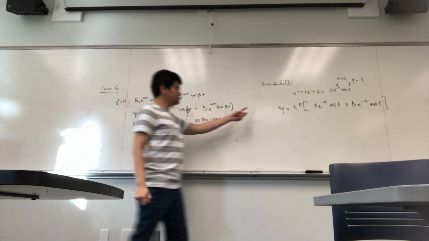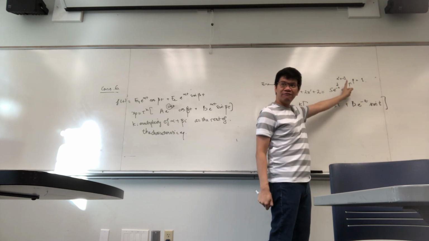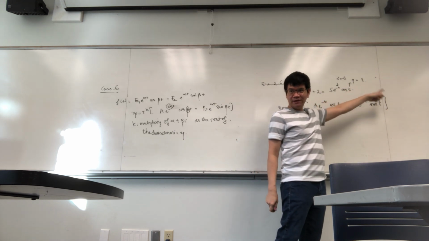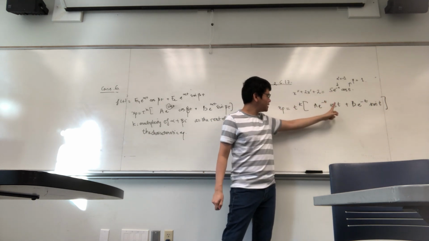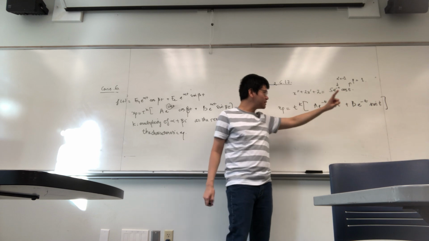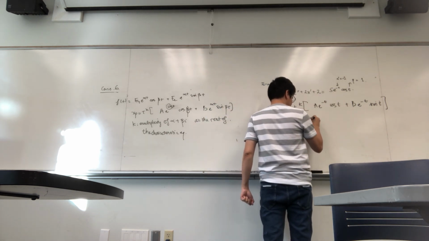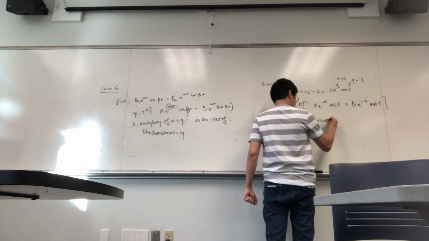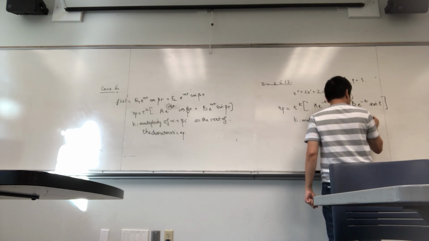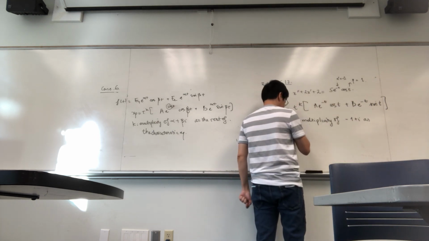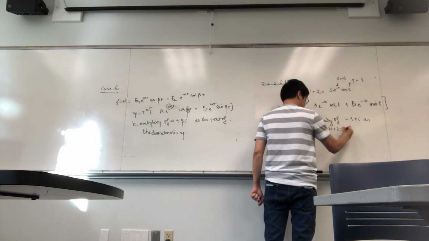You have x'' plus 2x' is 5 times e to the power minus t cosine of t. In this case, alpha is minus 1, beta is 1. So xp will be t to the k a e to the power minus t cosine t plus b times e to the power minus t sine t. Right? So k will be the multiplicity of minus 1 plus i as the root of r squared plus 2r plus 2 equal to 0.